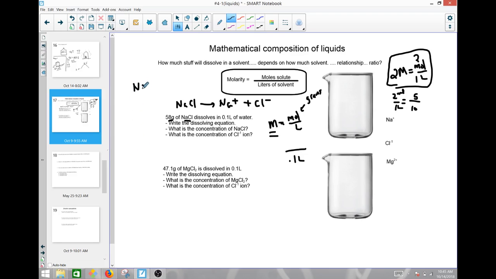So NaCl, this is approximately 23, and this is approximately 35. So that's AMUs per atom or grams per mole, giving us a grand total of 58 grams per mole. Now I'm estimating there.